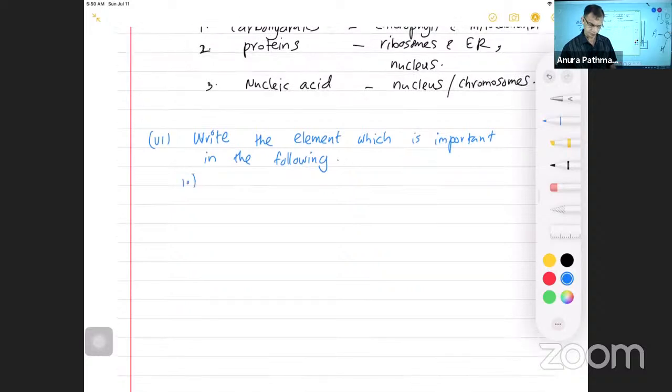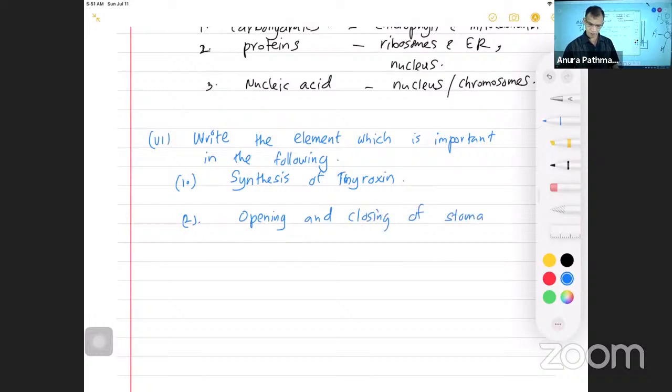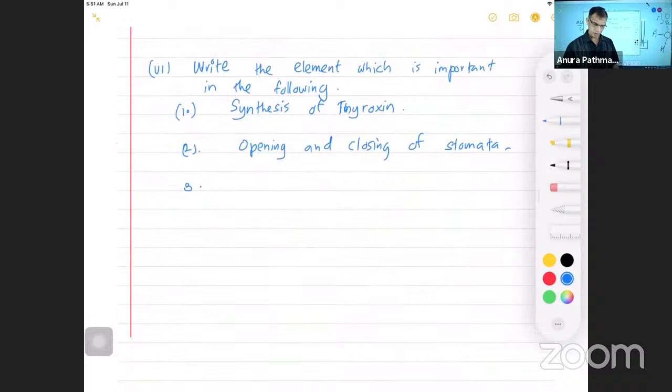Number one, synthesis of thyroxine. Number 2, opening and closing of the stomata. Number 3, synthesis of hemoglobin.